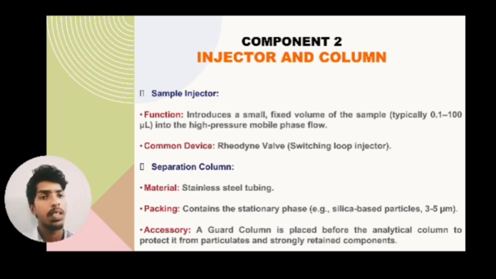Separator column: the material is stainless steel tubing, and the packing contains the stationary phase, like silica-based particles of 3 to 5 micrometers. Accessory: a guard column is placed before the analytical column to protect it from particulates and strongly retained components.